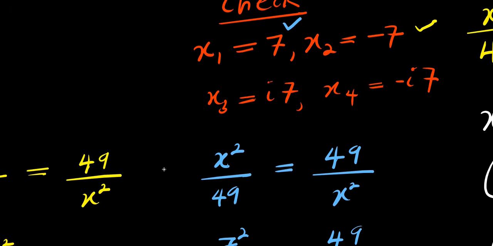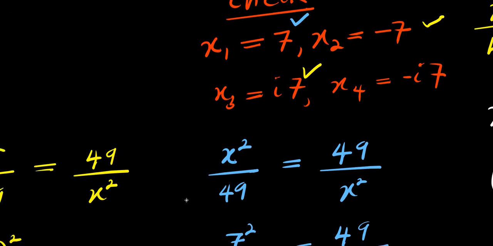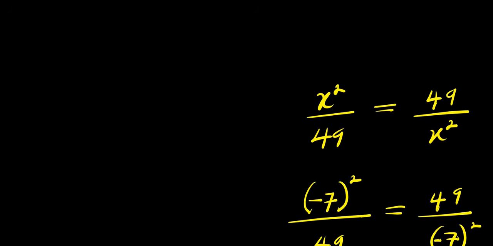We have x3 equals i times 7. So x power 2 divided by 49 equals 49 divided by x power 2.